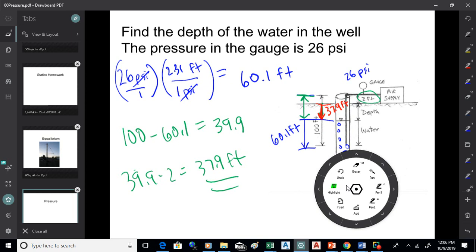So if it's 26 psi that you're reading on your gauge, that correlates to 60 feet of water, 60.1 feet of water. That's the water above the bottom of the bubbler tube there. So then you can figure out how deep the well is from there, knowing that.